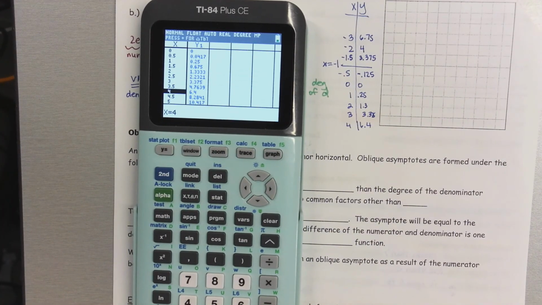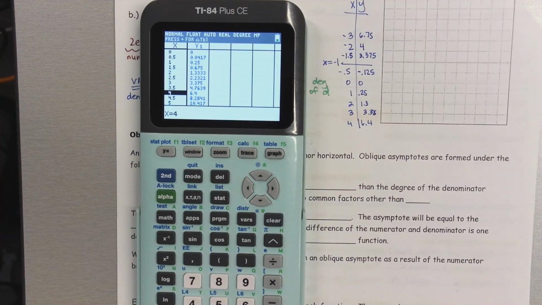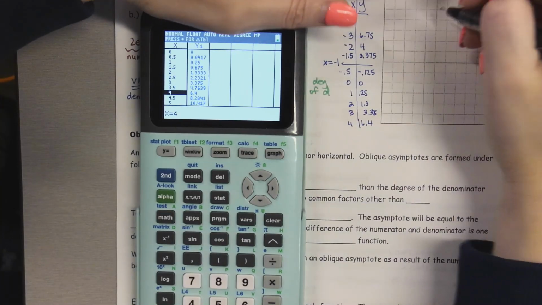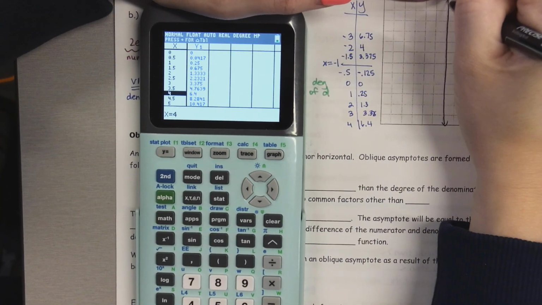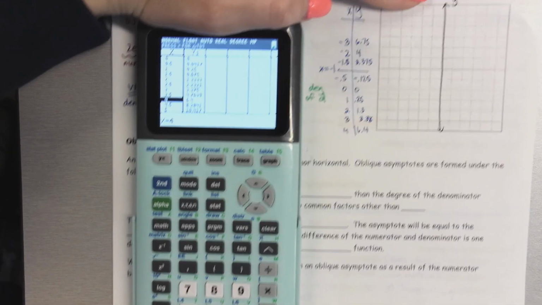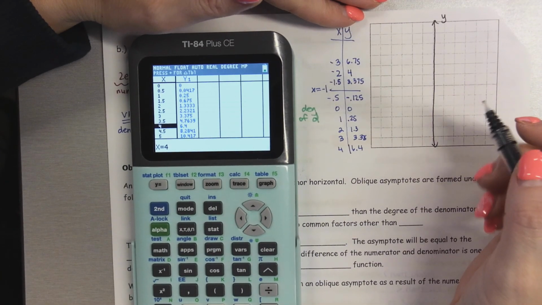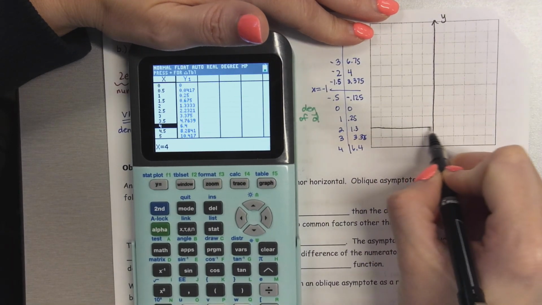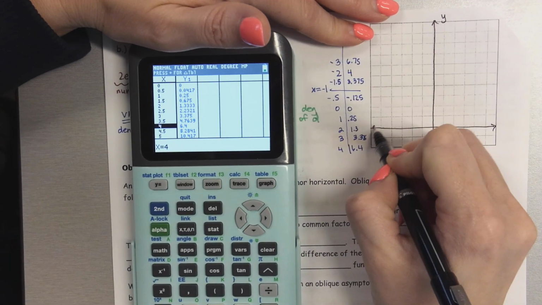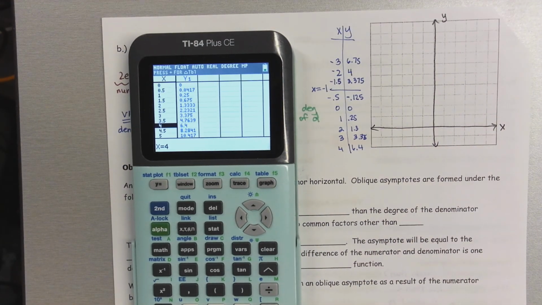Okay, so then you guys are going to set up your scale, just like you would on your graph paper. Okay, so you have your Y. Really, you don't have a lot of negative values, so set that up.